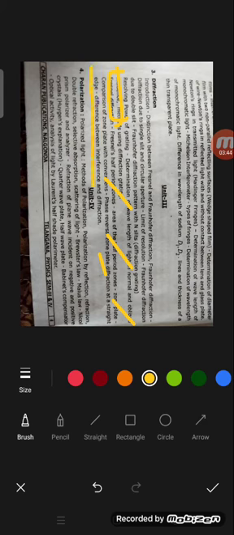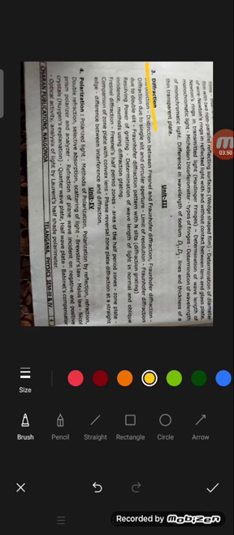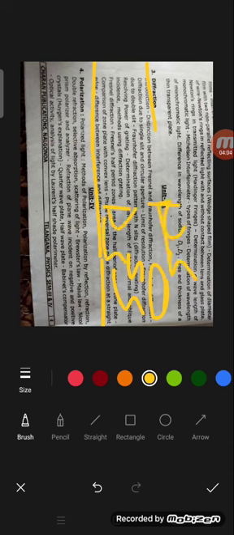So completely this unit consists of diffraction: Fresnel diffraction and Fraunhofer diffraction. Fraunhofer diffraction is due to a single slit, double slit, as well as N slits.